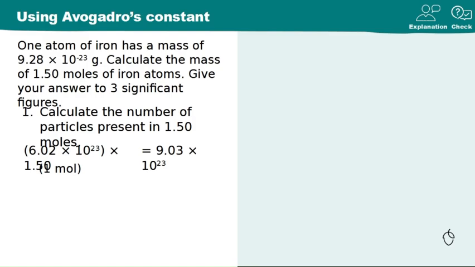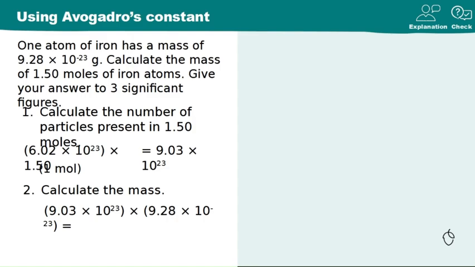So 1.5 times 6.02 times 10 to the 23 is equal to 9.03 times 10 to the 23. And once we've got the number of iron atoms that are present, we can then simply multiply that by the mass of one atom of iron, which is 9.28 times 10 to the minus 23.